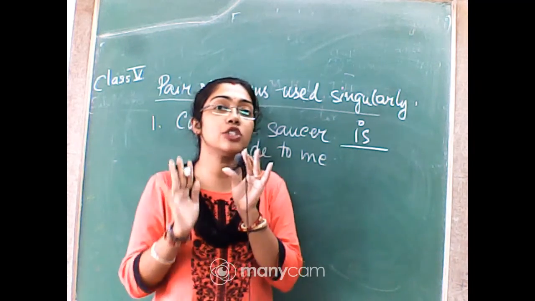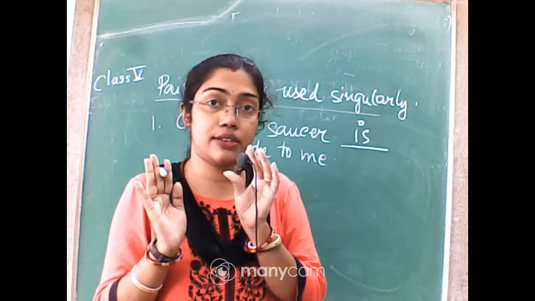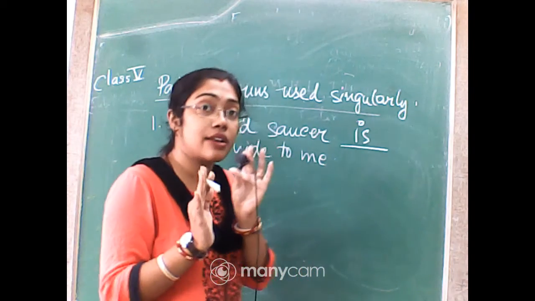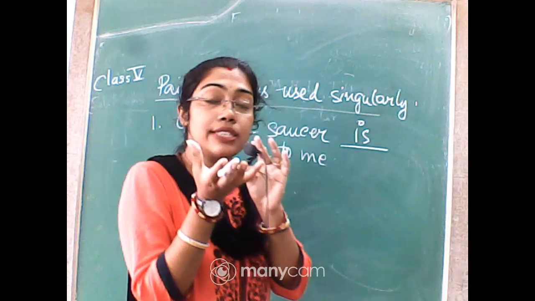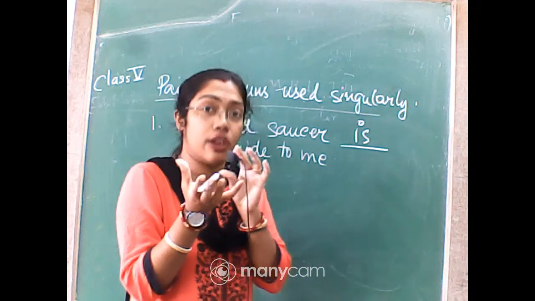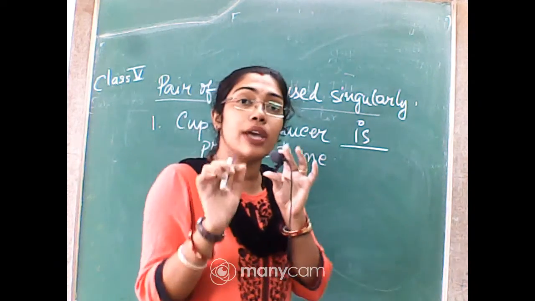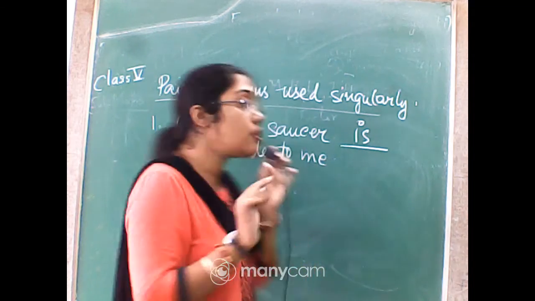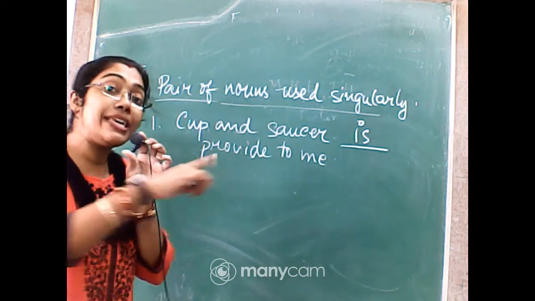It is referring to a set where there is a cup and a saucer. Saucer means the plate, the dish. The cup and the dish together, it's a set. So therefore, cup and saucer will be is.